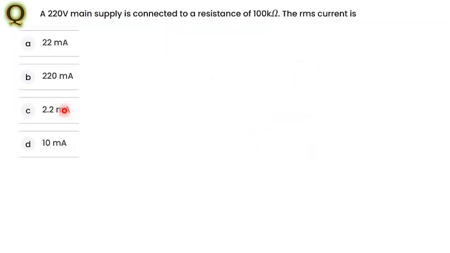The next problem: a 220 volt mains supply is connected to a resistance of 100 kilo ohm, find the RMS current. Simple one, directly by using Ohm's law. What do we mean by Ohm's law? V is equal to I into R. The same concept, they are asking for the RMS current.